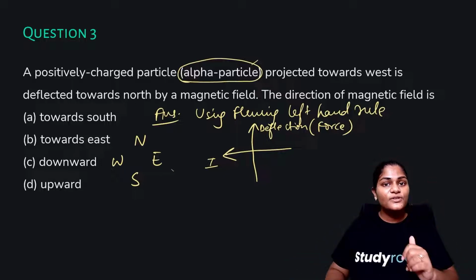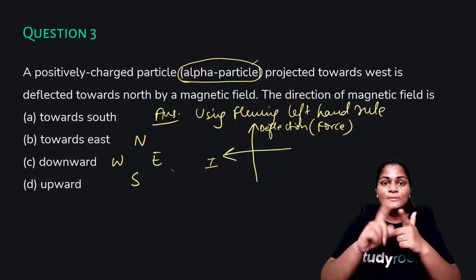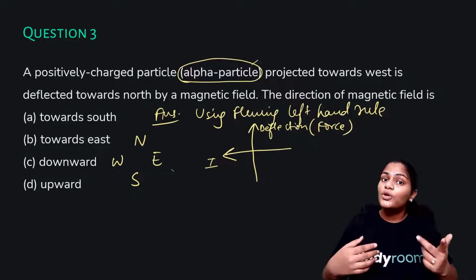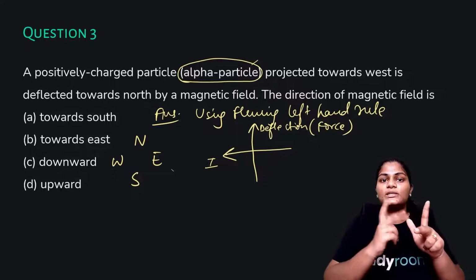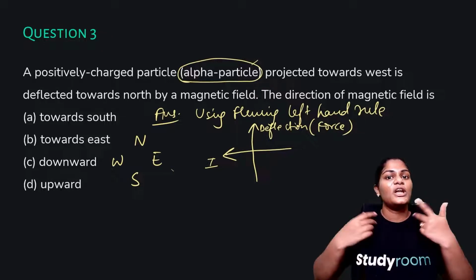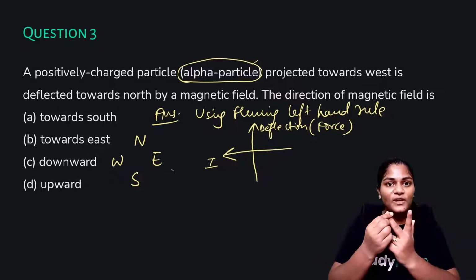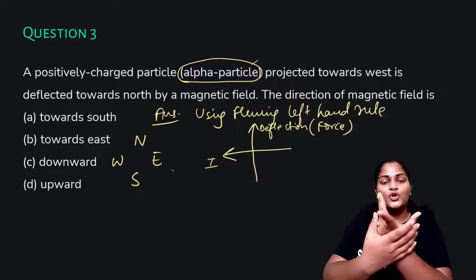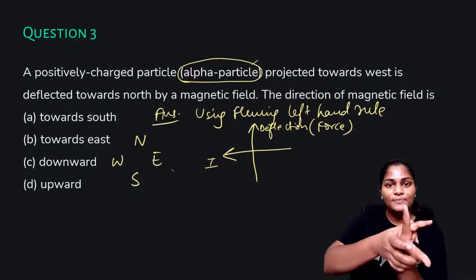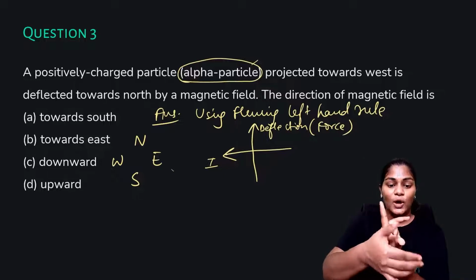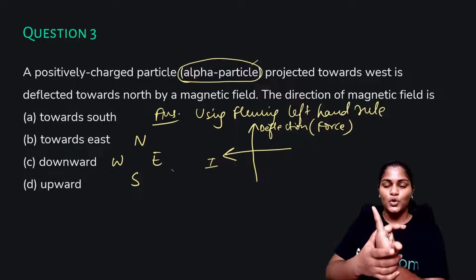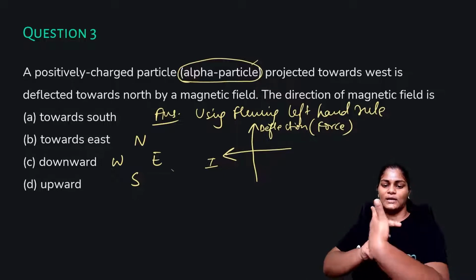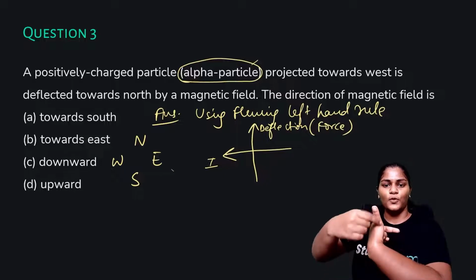Great. Using Fleming's left hand rule, this is supposed to point in the direction of the magnetic field, which we don't know the direction of. So what do we do? We point these two fingers in the direction of the variables we know about. So my middle finger is supposed to go in the direction of the current, right? So my middle finger goes like this, and my deflection or the force is the thumb. So it is supposed to be like this, I think, right? Yeah, current like this and the force like this.